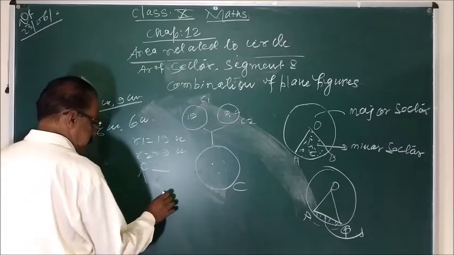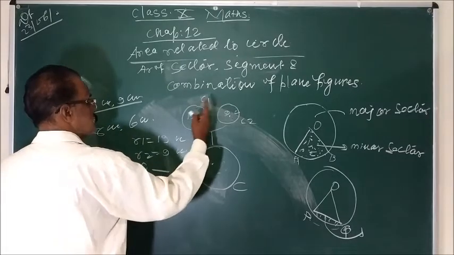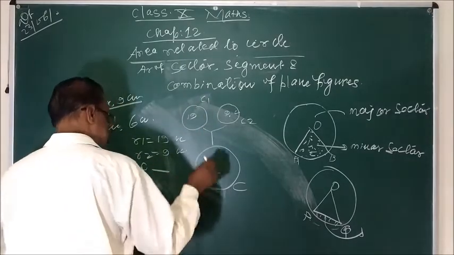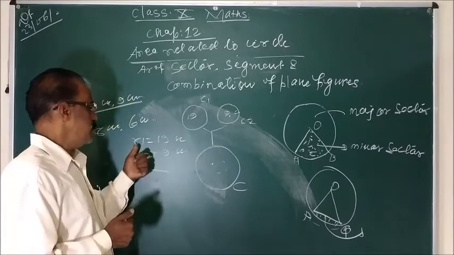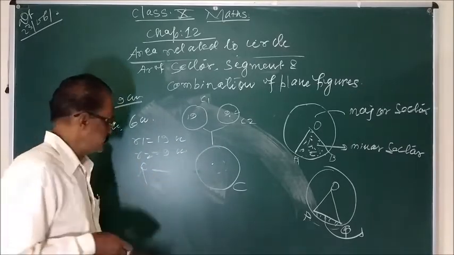So now the question is, the sum of the circumferences of these two circles is equal to the circumference of this circle. So what is the radius of this circle?